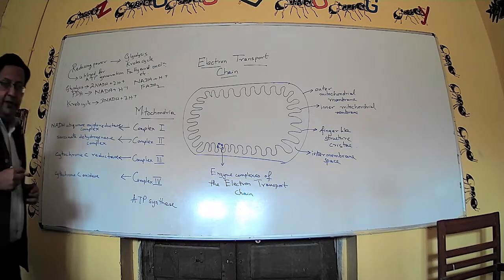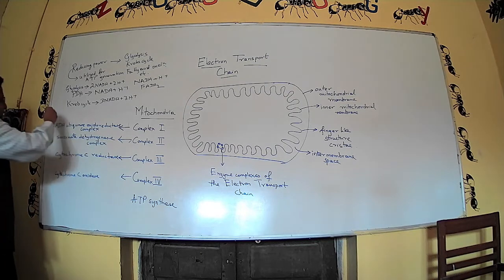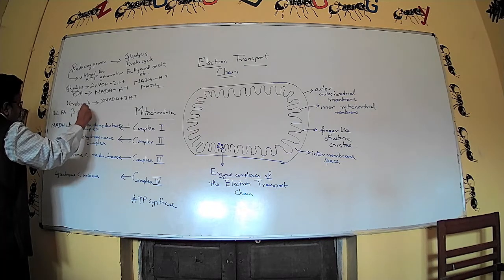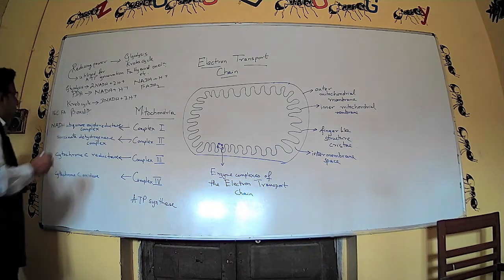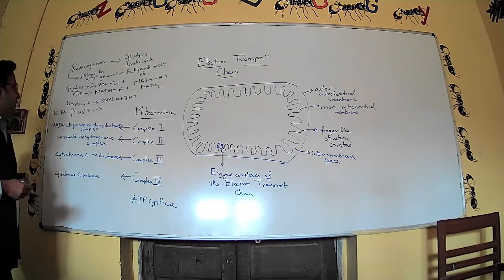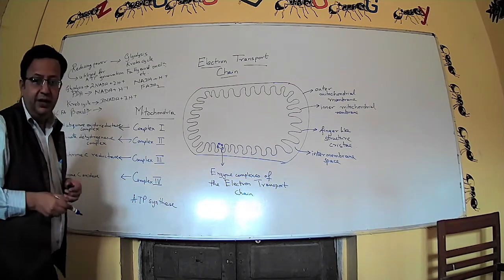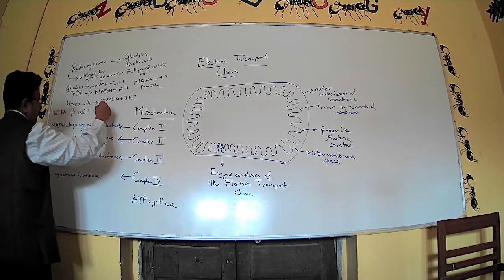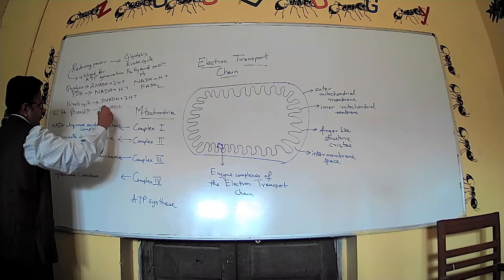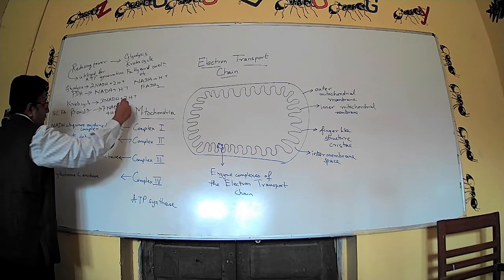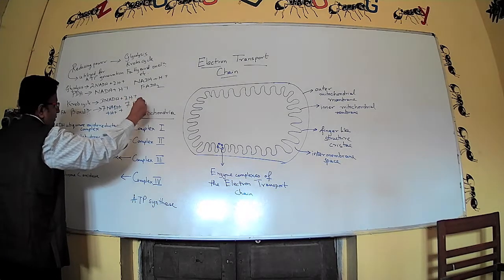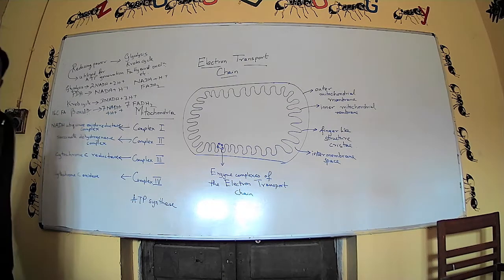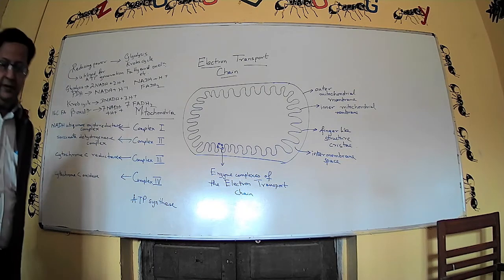In 16 carbon fatty acid beta oxidation, I will take this also later, you will have 7 NADH plus 7 FADH2. All these reducing powers which are formed in these pathways are utilized.